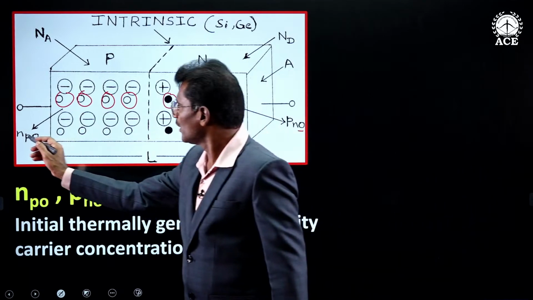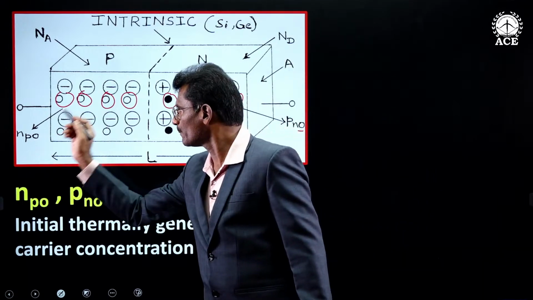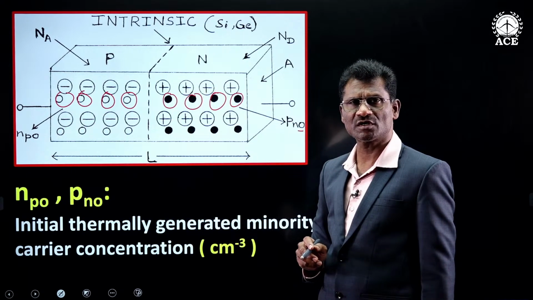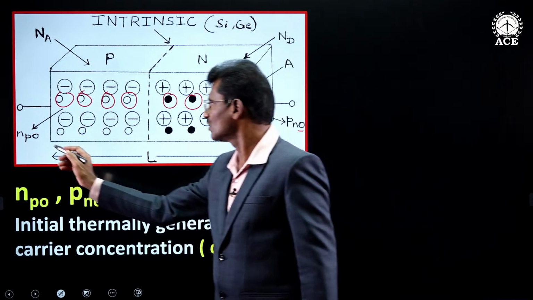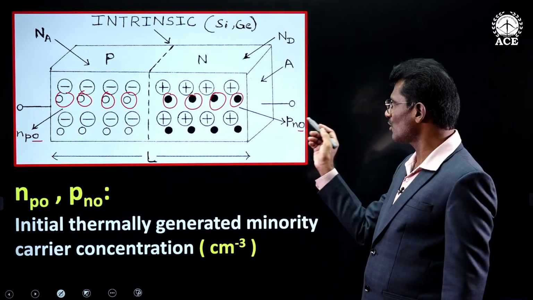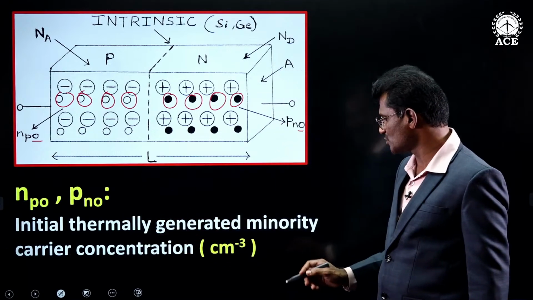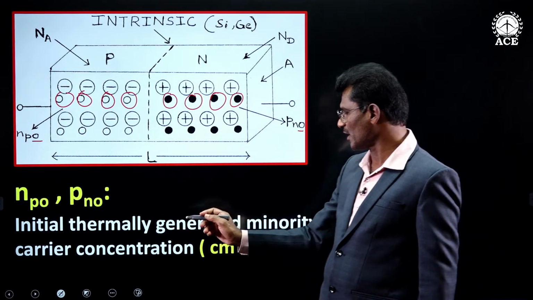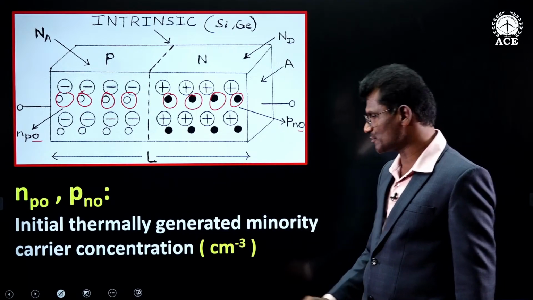So now N means electron concentration. NP means electron concentration in P side, that is minority concentration. The 0 means initial. So this NP0 and PN0 is called as initial thermally generated minority carrier concentration. Per centimeter cube is the unit.